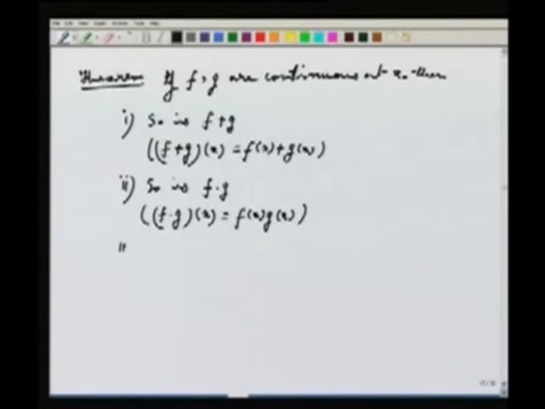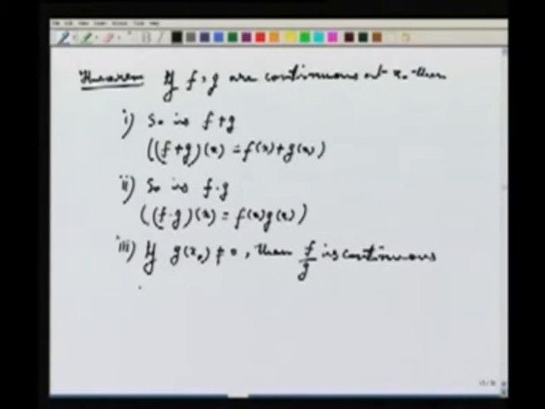Similarly, if g of x naught is not equal to 0, then f divided by g is continuous at x naught.